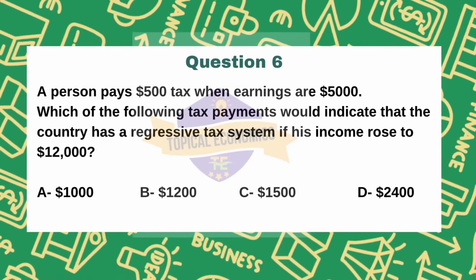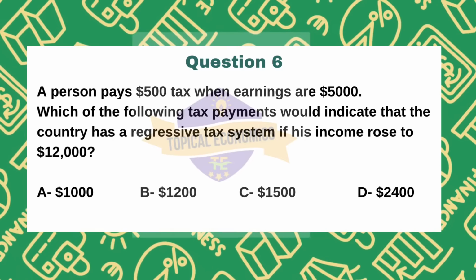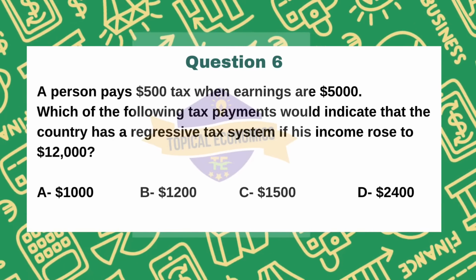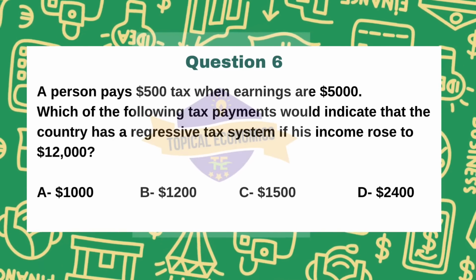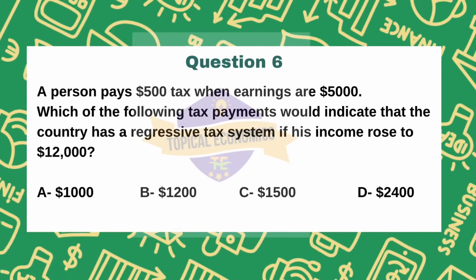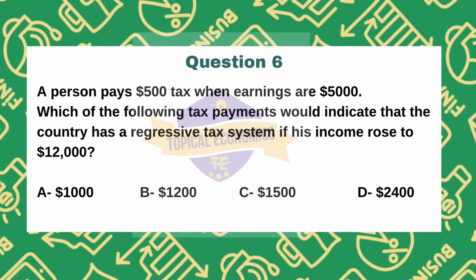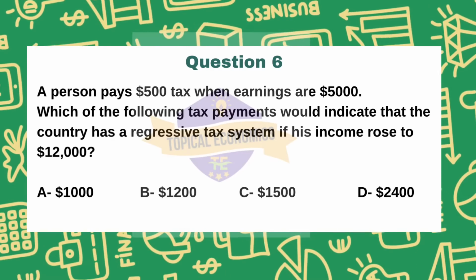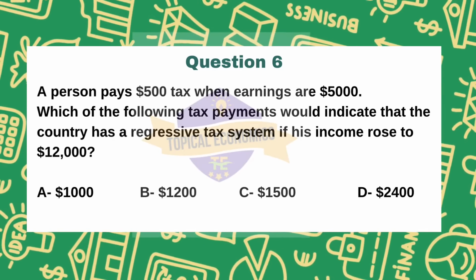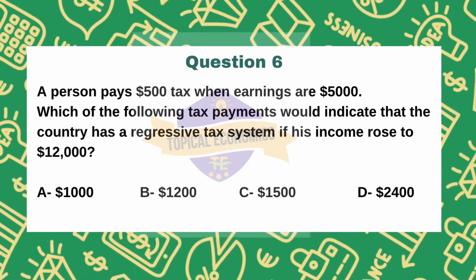And, for option D, $2,400, tax rate is 20%, $2,400 divided by $12,000. Since option A results in a lower tax rate, 8.33%, compared to the original 10% rate, it indicates a regressive tax system where the proportion of tax paid decreases as income increases.